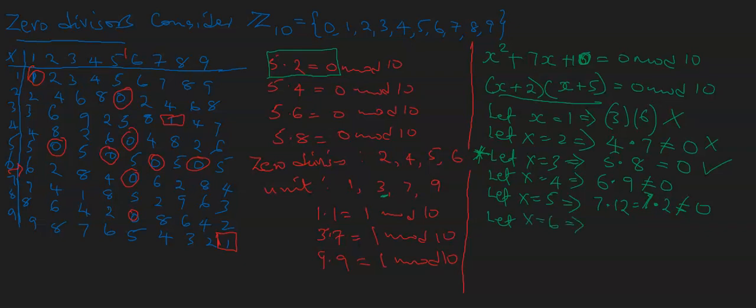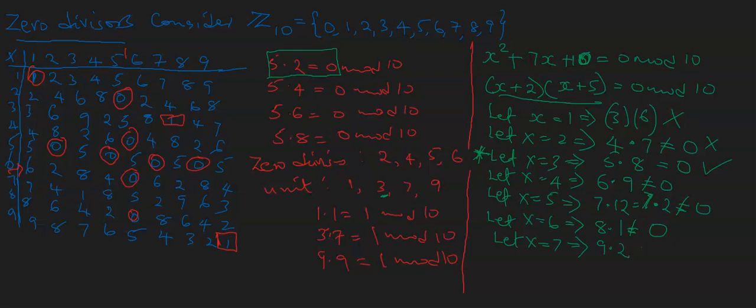We can go on and check for x is 6. X is 6, we shall get 6 plus 2, 8. And 6 plus 5, 11. And 11 is the same as 1 mod 10. So x cannot be a solution. If we go on to x is 7, then we shall have 9 by 12, which is 2.